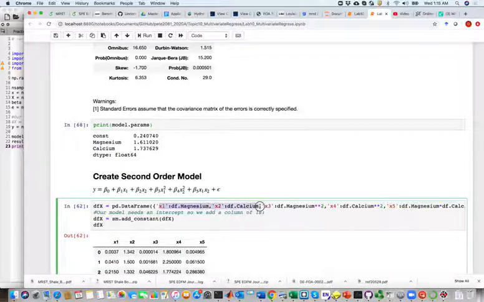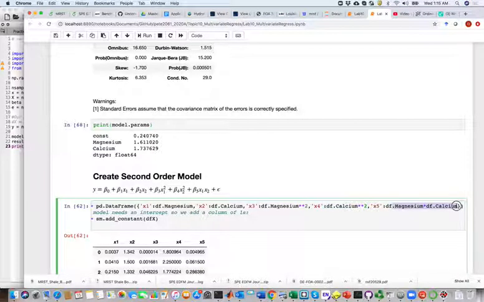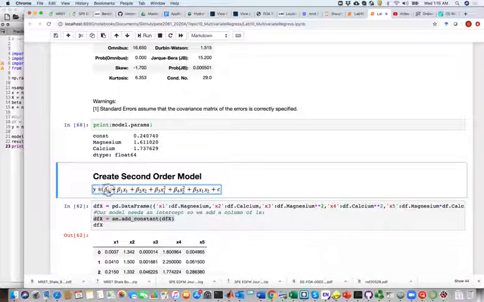First two terms as usual, x3 we make it magnesium squared, x4 calcium squared, x5 is what? The interaction term, magnesium times calcium, and all of that goes into dfx. We add the constant so we can actually capture this term and have it estimated.